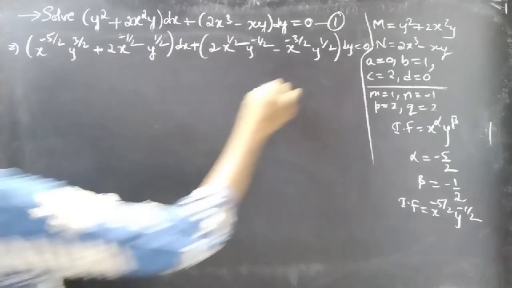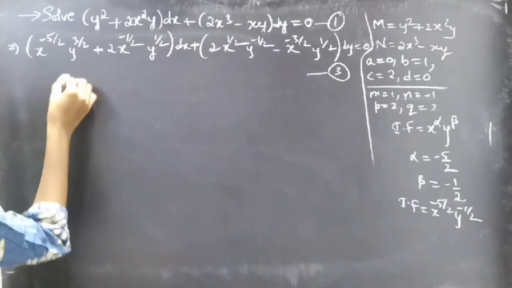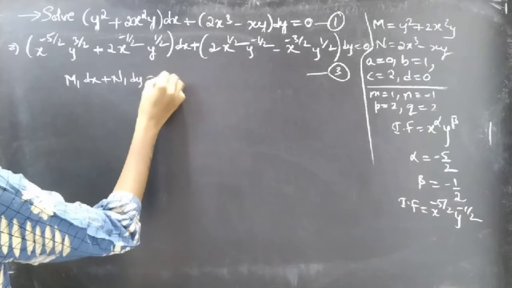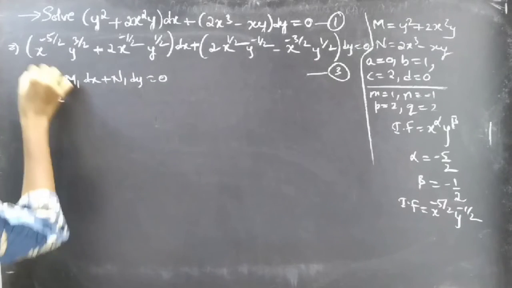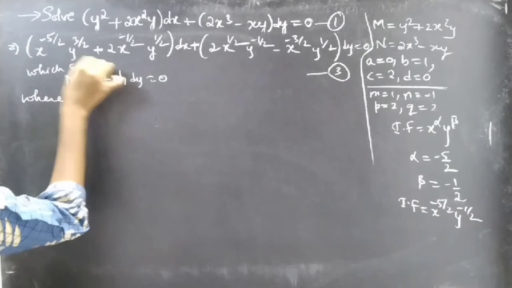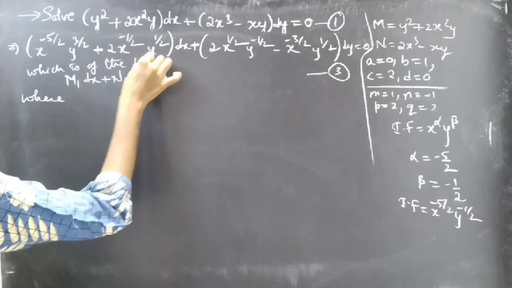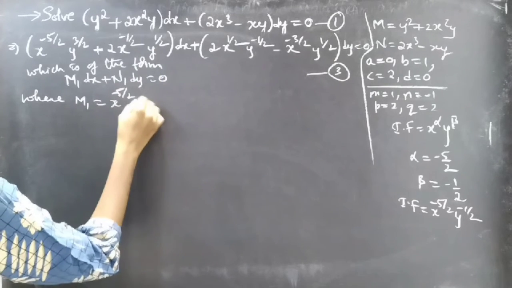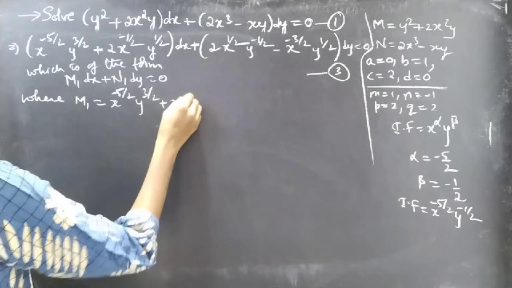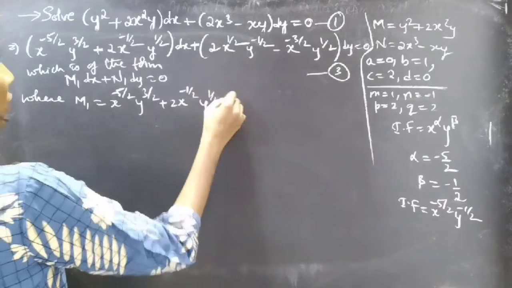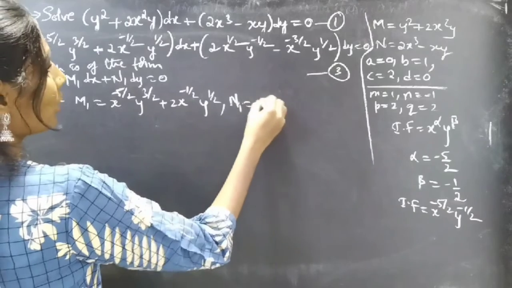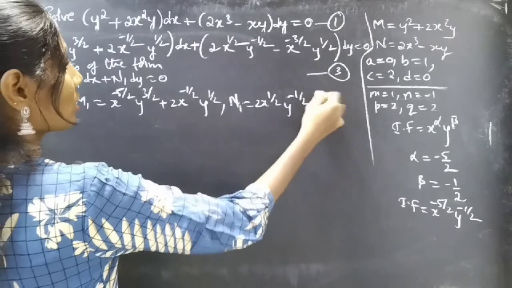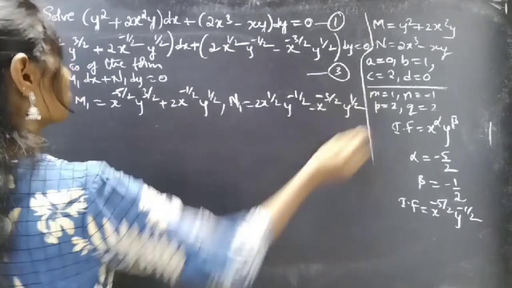Now consider this equation as equation number 3, which is of the form M1 dx plus N1 dy equal to 0, where M1 equals x^(-5/2) y^(3/2) plus 2x^(-1/2) y^(1/2), and N1 equals 2x^(1/2) y^(-1/2) minus x^(-3/2) y^(1/2).